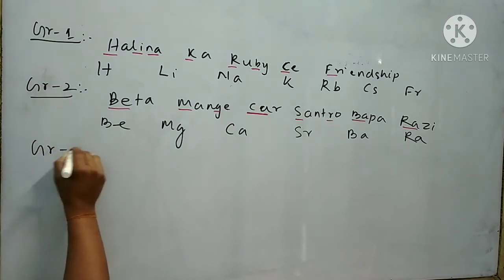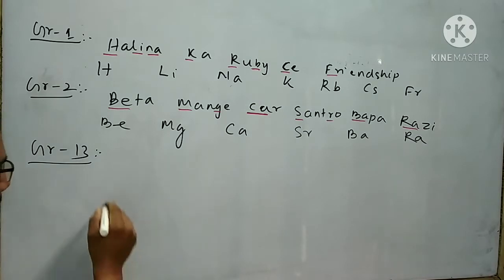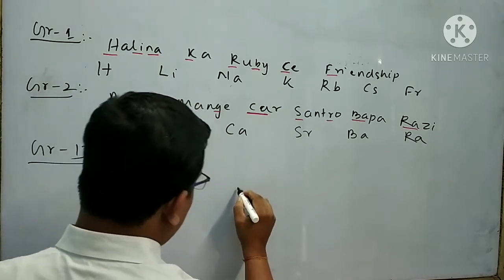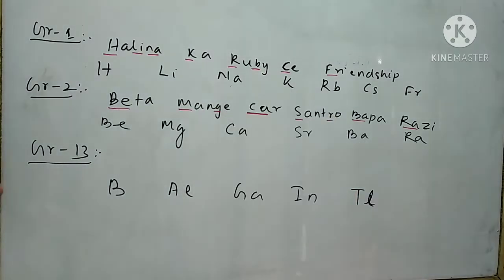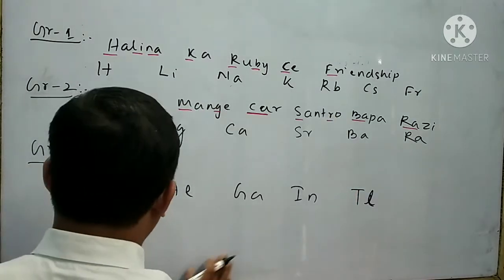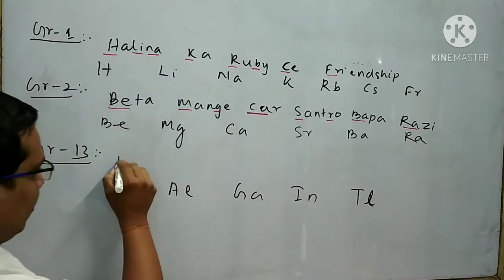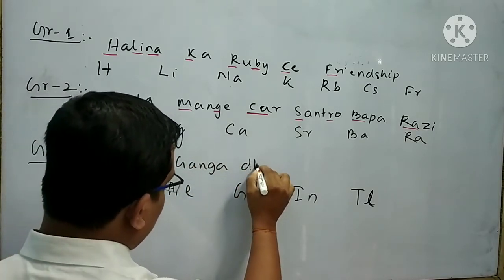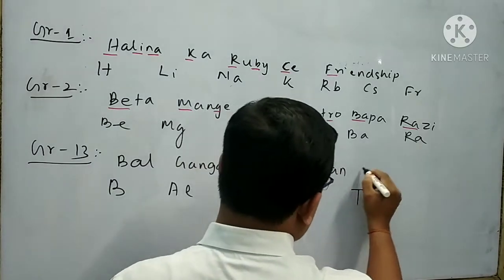Similarly, think about the group 13 elements. The group 13 elements are boron, aluminium, gallium, indium, thallium. To remember such elements, generally we use a short trick, that is your Bal Gangadhar Indian Tilak.